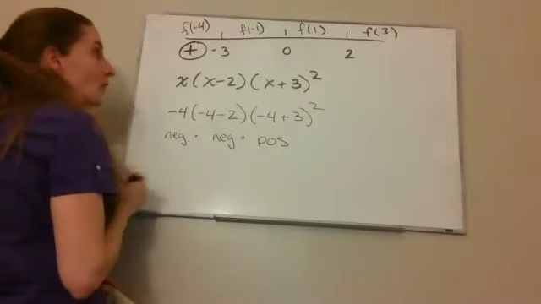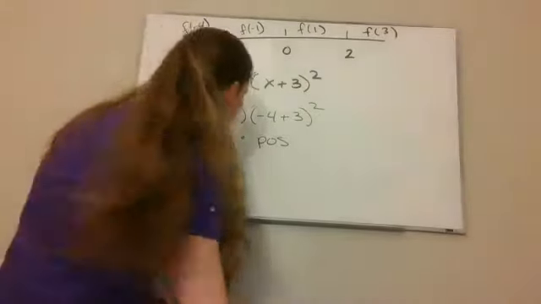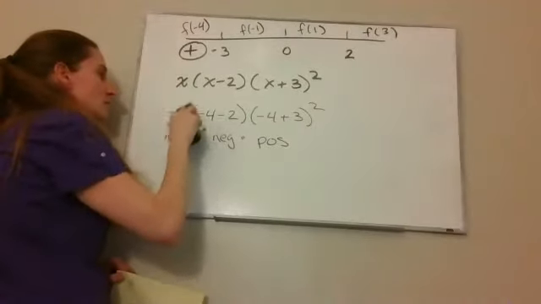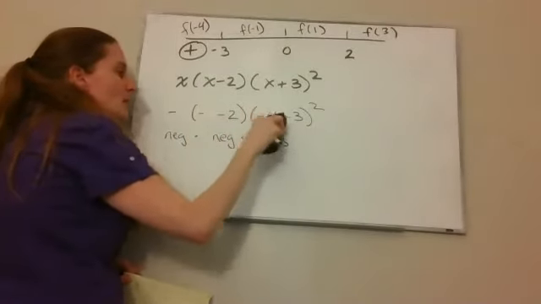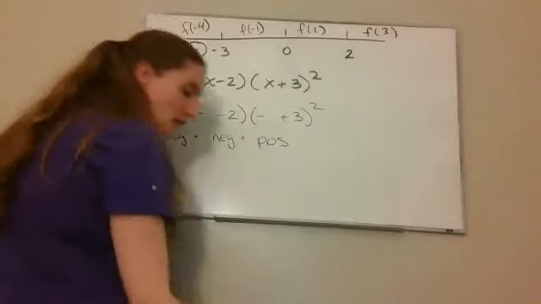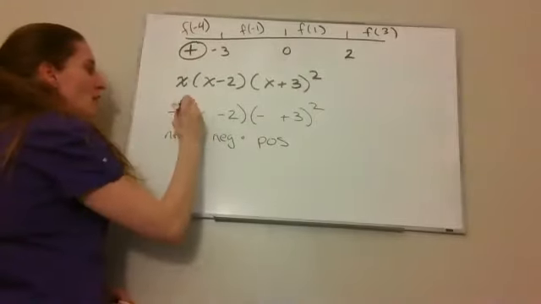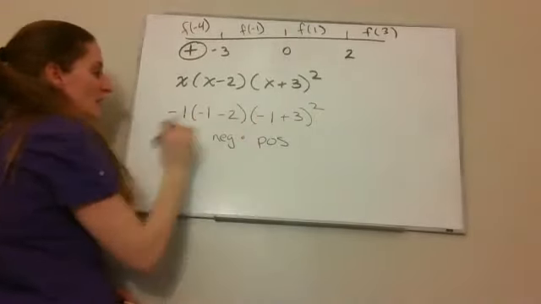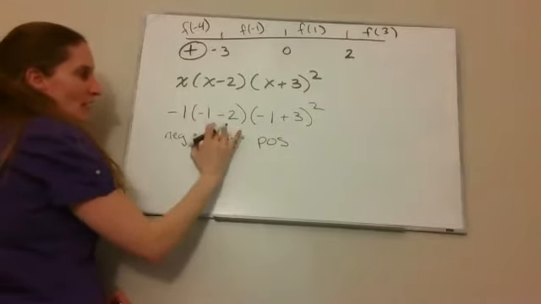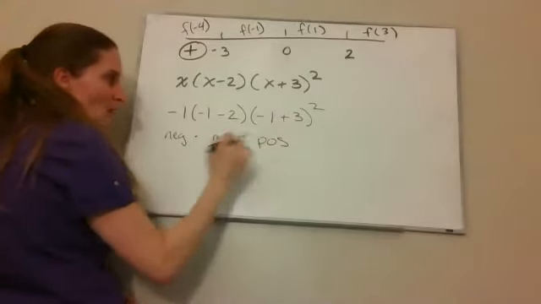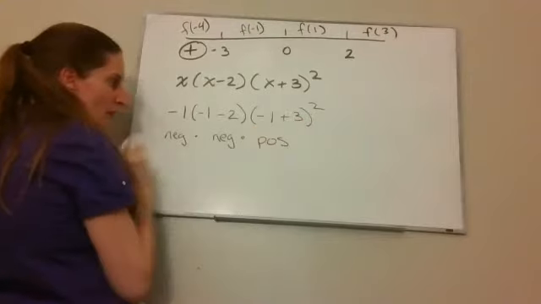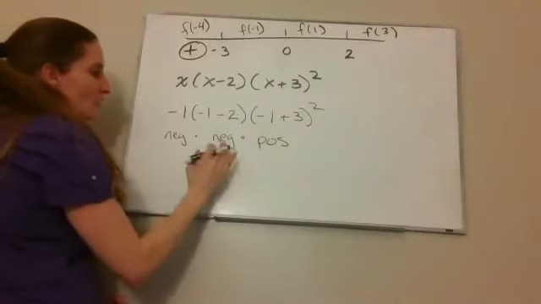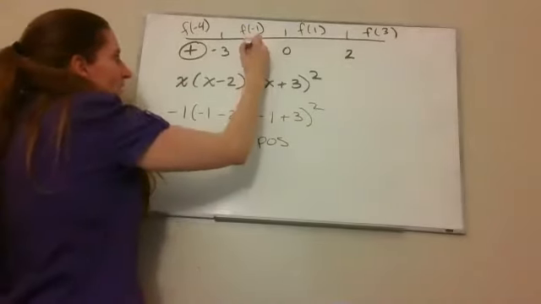And now let's do the same thing with negative 1. So if I plug in a negative 1 everywhere, I get negative, negative, and again, because I'm squaring, this guy's always going to be positive. Negative times positive is positive.